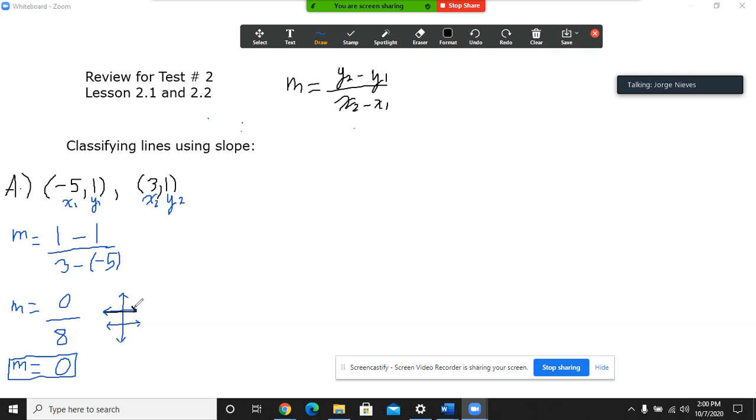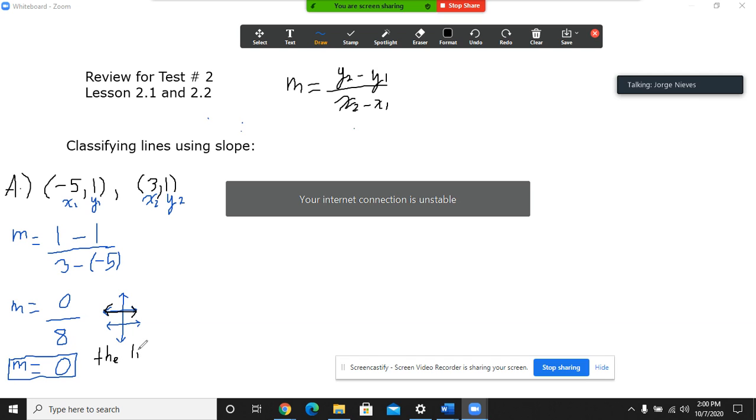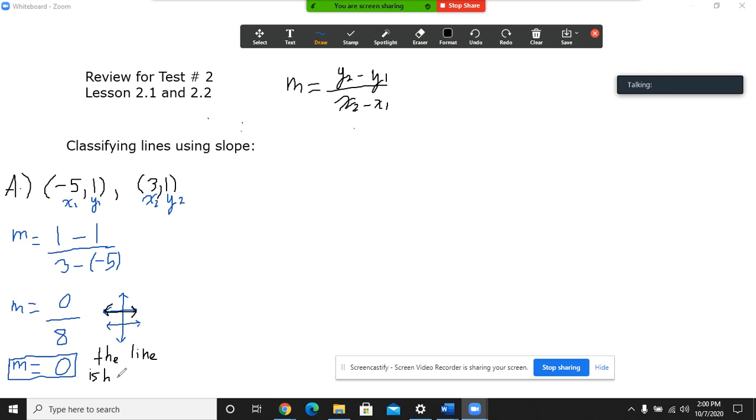Usted la visualiza, por eso es que decimos que es 0, porque sería horizontal. ¿Okay? So decimos, the line is horizontal. Duda, pregunta hasta aquí. Estamos. Okay, let's do one more. The line is horizontal.